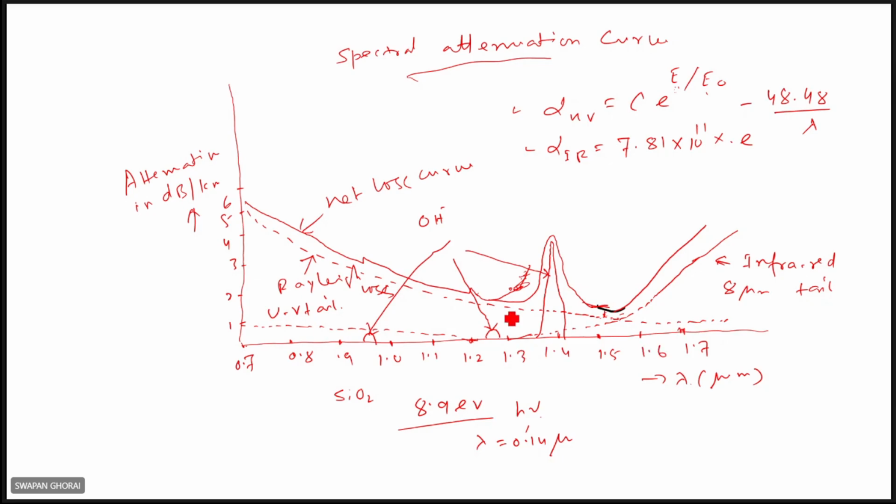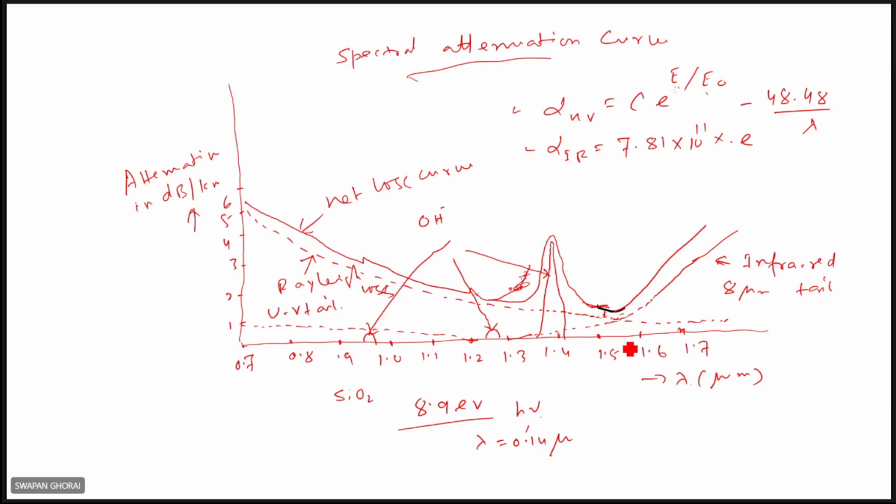The middle portion is not used. Initially, sources are available in the shorter regions, up to 1 micron. The next window is around 1.3 microns, and the next generation is 1.55 microns.